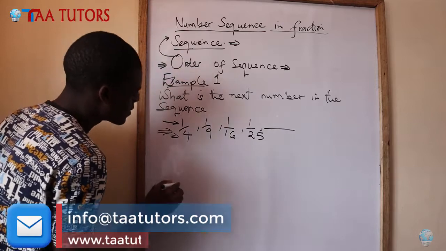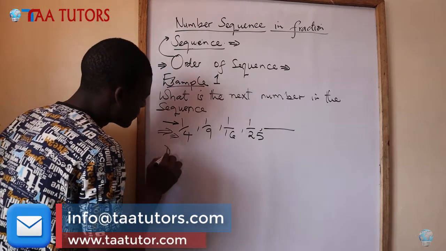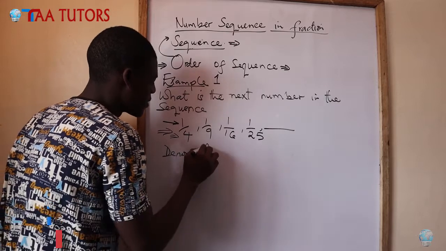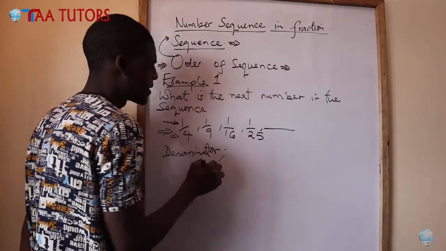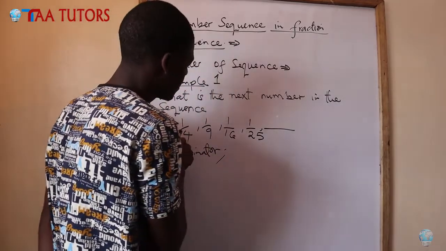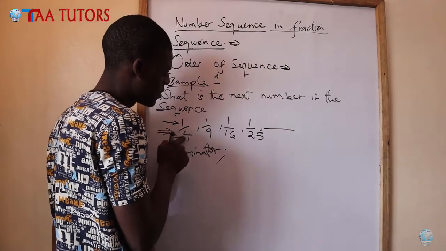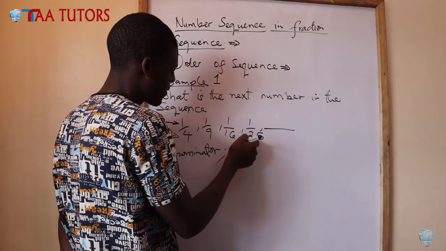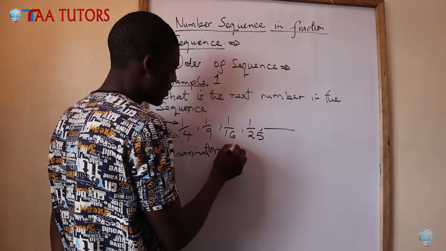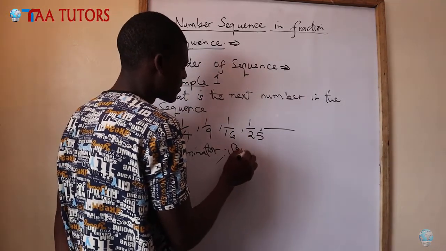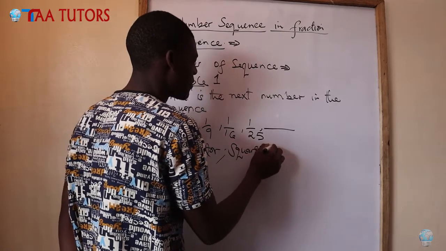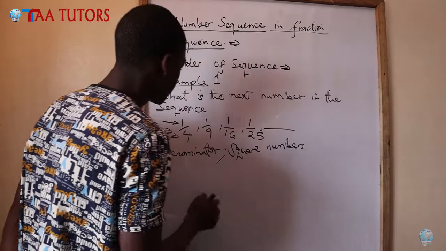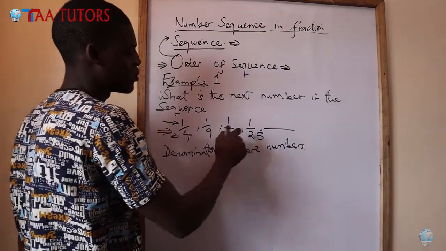We can see that the denominator has a pattern. The pattern in the denominator from 4 to 9 to 16 to 25, you can see that they are square numbers. 4 is a square number, 9 up to 25.